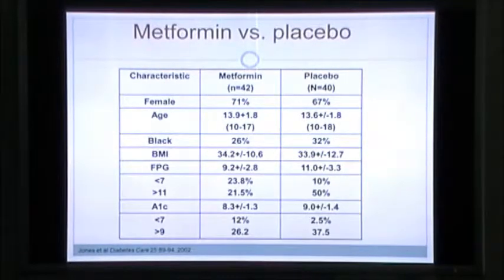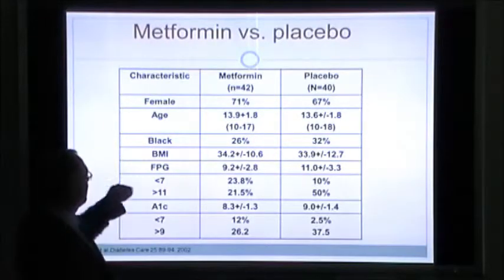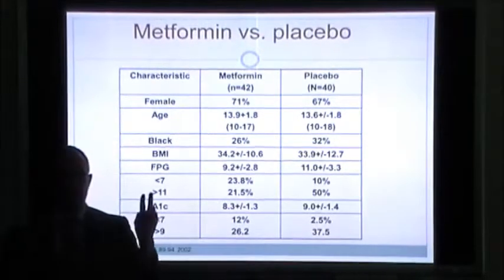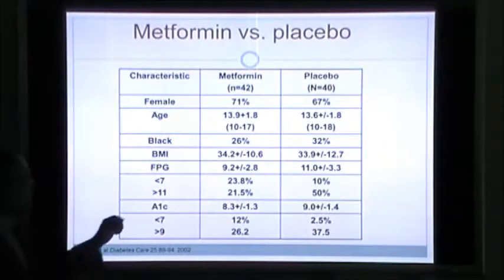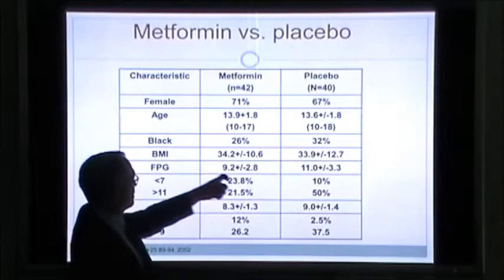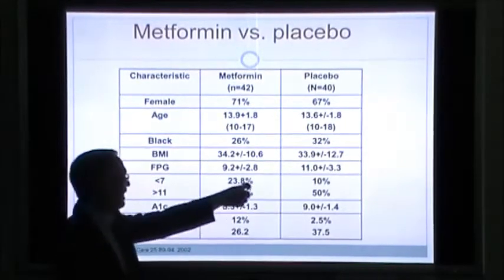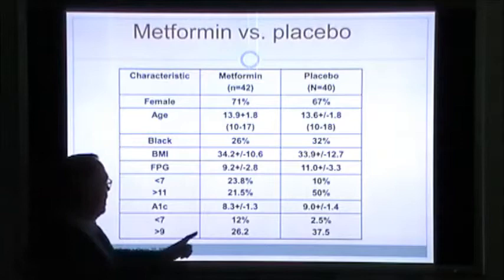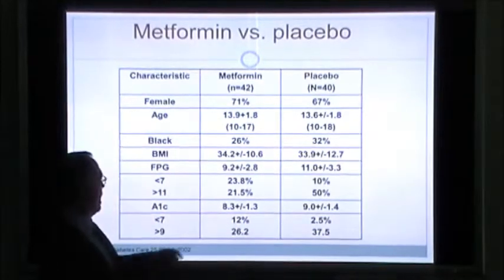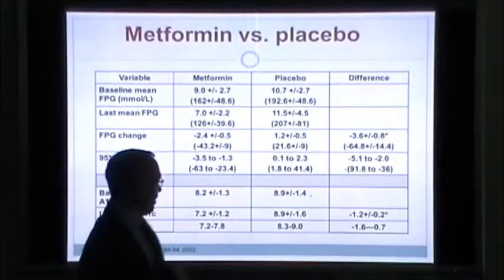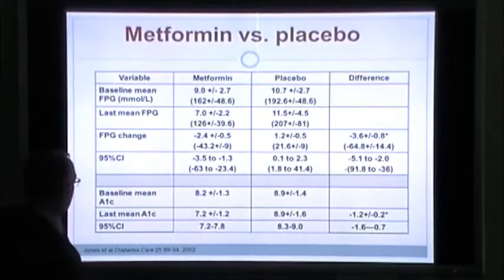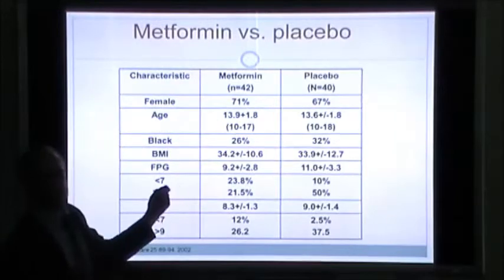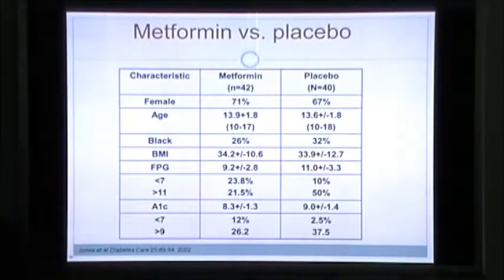A few other things that you can see in this trial is that there were a number of differences in the 2 arms. Randomization problems in small trials, right? The fasting plasma glucose in the placebo arm was 11 versus 9 in the Metformin arm. So you're starting out with a huge difference. And the A1C, 9 versus 8.3, with 50% of the placebo arm having an A1C greater than 11 versus 20% in the Metformin arm.